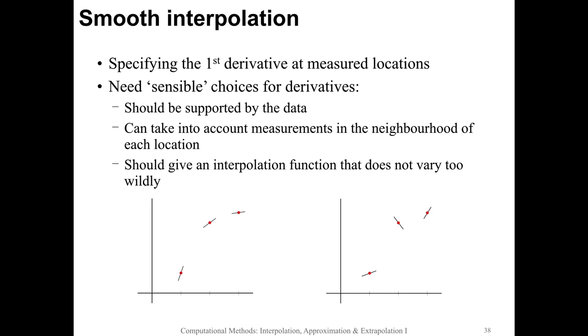And these should be sensible, they should be supported by our data, and they can also, if we like, take into account the measurements around the neighbourhood of each location, so that the interpolation function doesn't misbehave too wildly. And if we look on the left-hand side here, you can probably see that this choice for the derivatives of an interpolating function is probably a bit more sensible than this choice of the derivatives for the function.